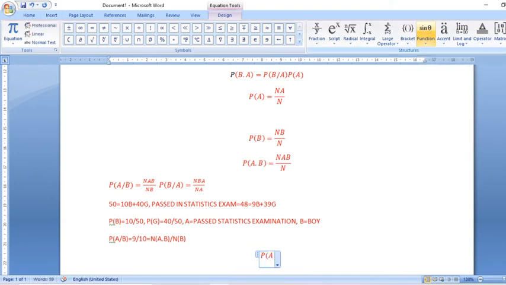Probability of A intersection B will be equal to the number of favorable cases corresponding to AB divided by the total number of cases, n of AB divided by total number of cases. So you can just modify this equation.